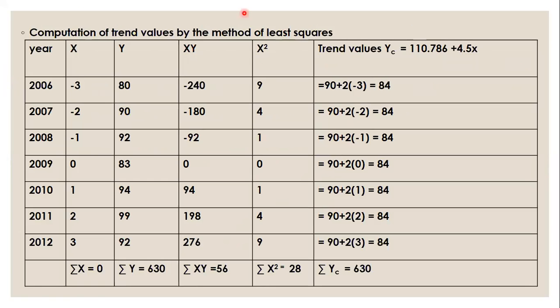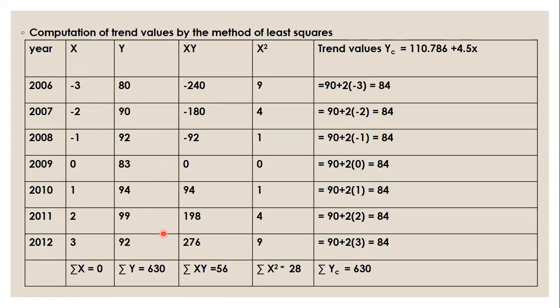Okay, so coming to the computation here, 2006 to 2012. Again, I am assuming X in this format because it is easy to calculate A and B and substitute the values. Coming to Y data, this is 80, 90, 92, 83, 94, 99 and 92. What is given to us is the same data we copy from the problem.